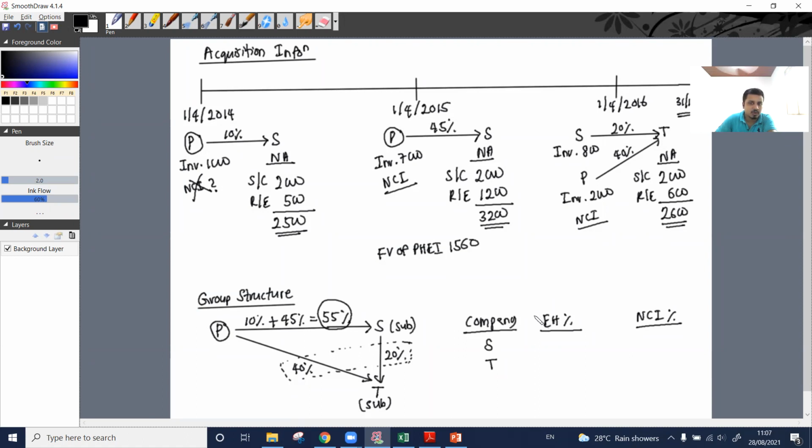What is the effective holding percentage of S Limited? 55%. If the effective holding percentage is 55%, what should be the NCI percentage? That should be 45%.